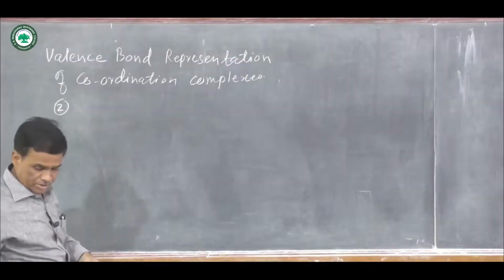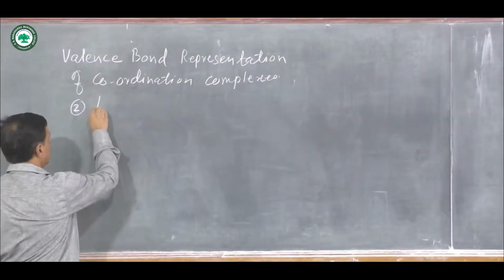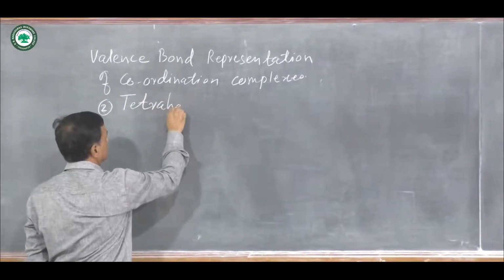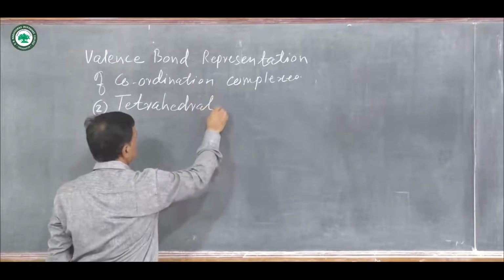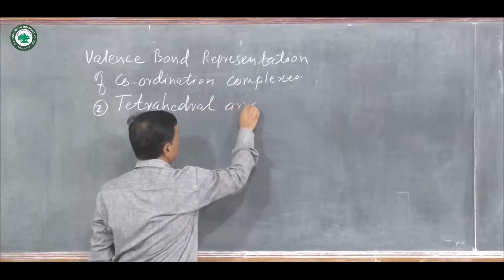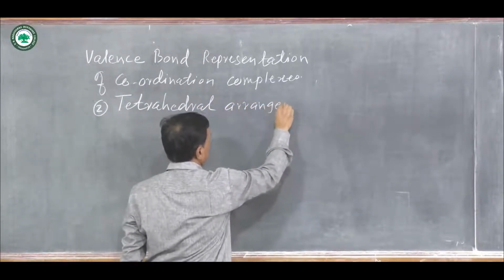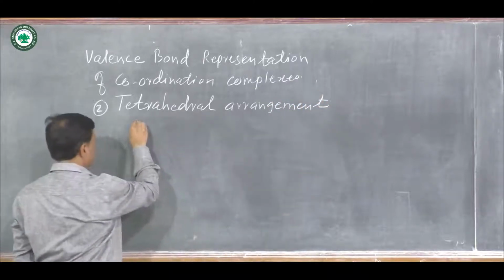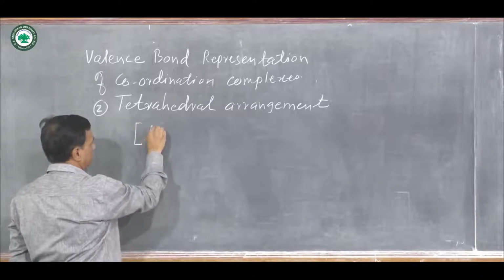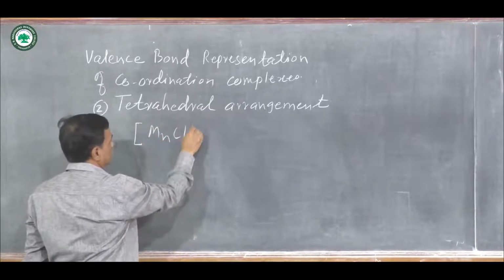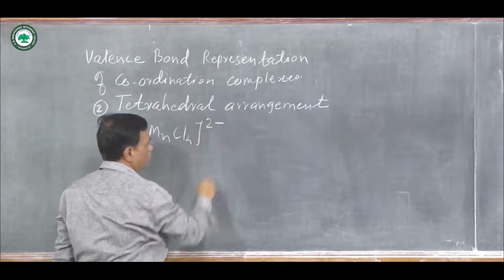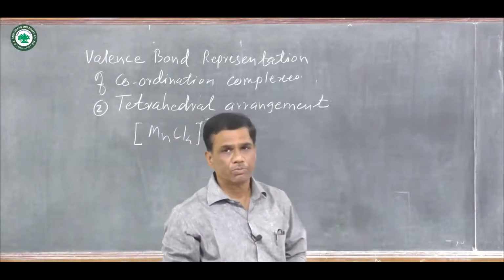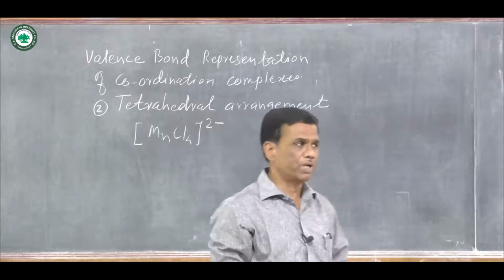The second example is tetrahedral arrangement. Suppose the formation of the MnCl4 2- complex ion.